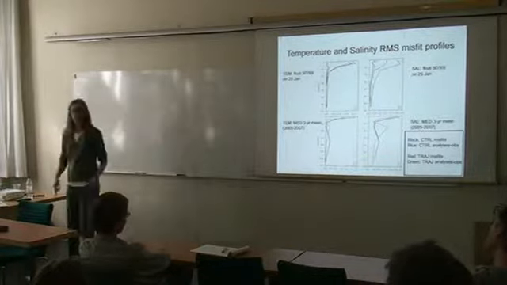Sorry? I think in deeper layers, the temperature and salinity errors are close to the observational errors. Yes, so it's even a bit more difficult to get better. It's already at the limit of what we can do, and also for SLA. Yes, exactly. SLA, as I said, is already at 3 centimeters.